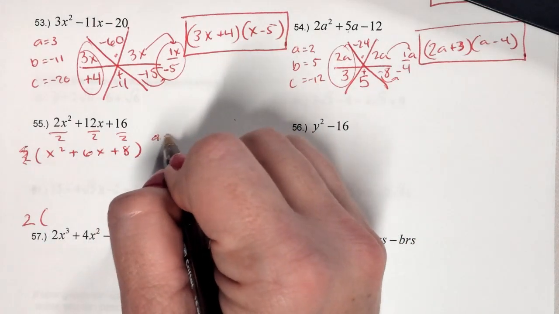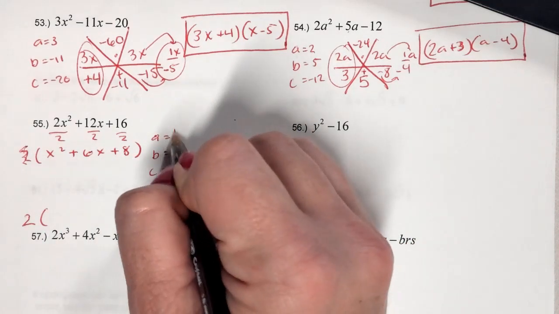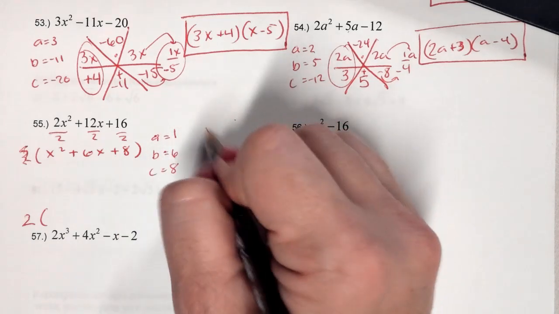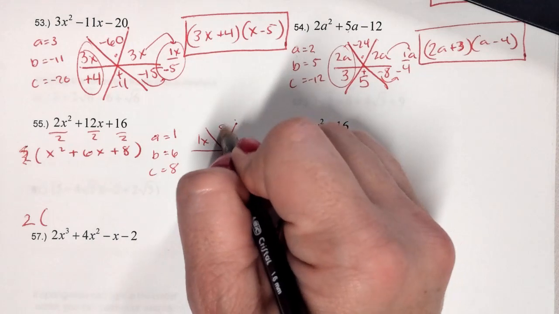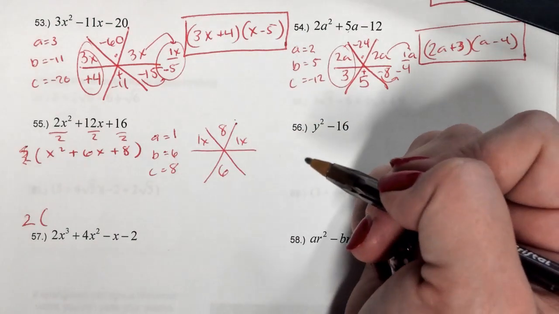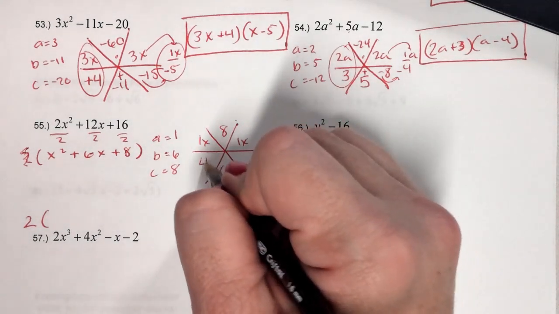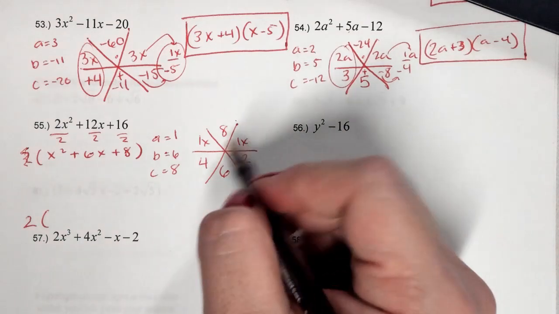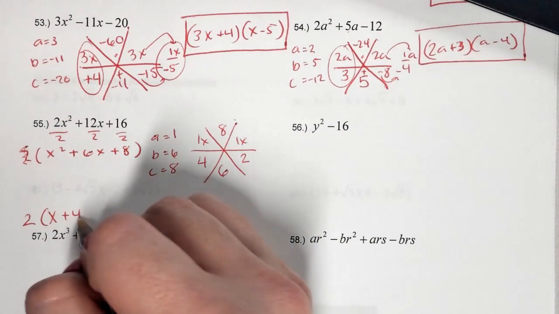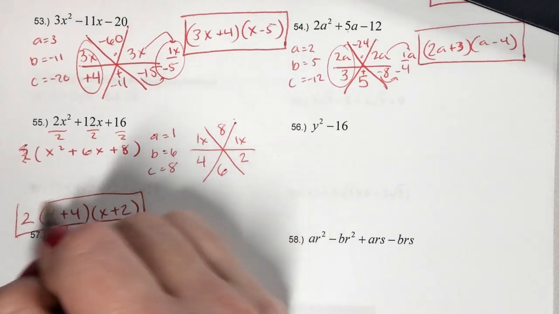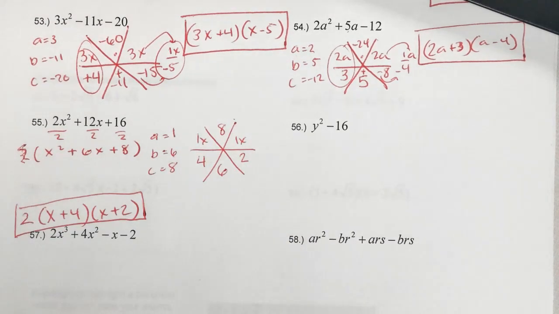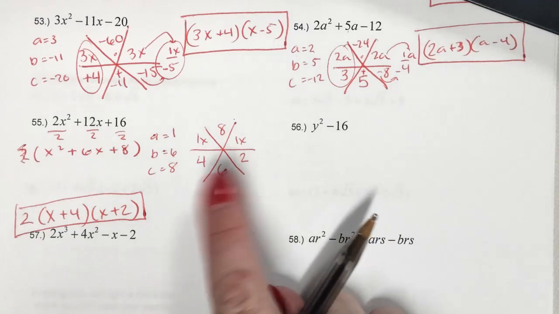So A, B, C. A is 1, B is 6, C is 8. 1 times 8 is 8. What multiplies to give me 8 and adds to give me 6 is 4 and 2. And everything's positive, so it's just x plus 4, x plus 2. We like when a is 1 because they don't ever simplify and they're simple.